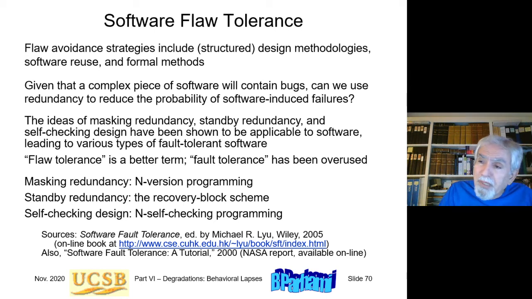For hardware, we talked about tolerance methods. Do we have corresponding techniques for software? And the answer is yes, we do have it, although they are not in common usage. They are actually useful and they are being used, and I'll show you examples of where they're used.